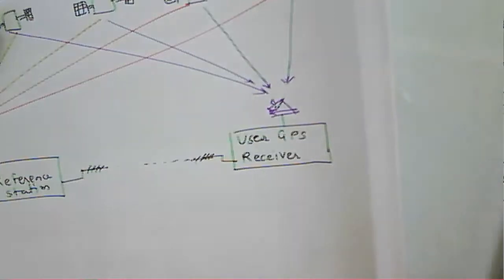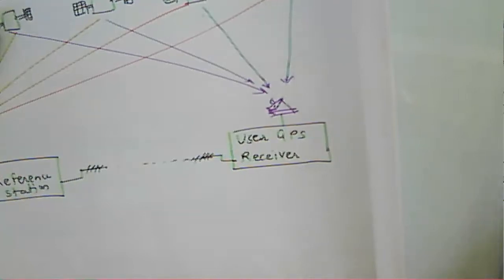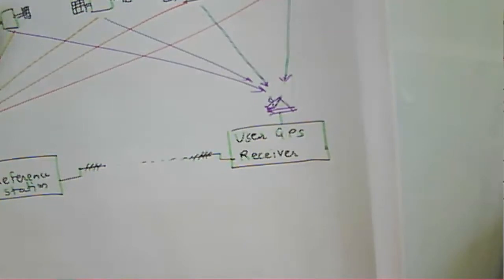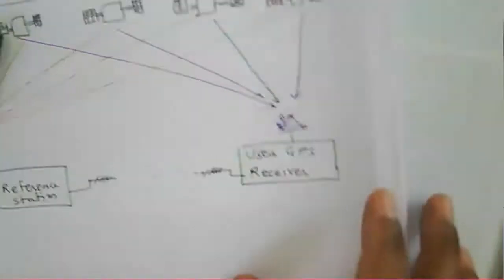GPS transmits navigation data in two formats: coarse data, C/A data, for the general public, and precise data for military applications.